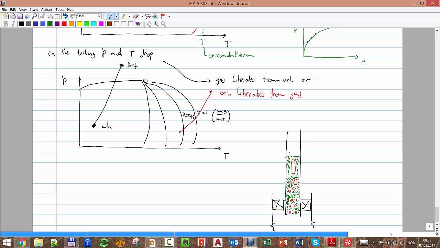Then at the end, it might be that all the oil is located in the walls and some part in the center, and then you have all the gas circulating in the center until we reach the top. It depends very much on where you depart.